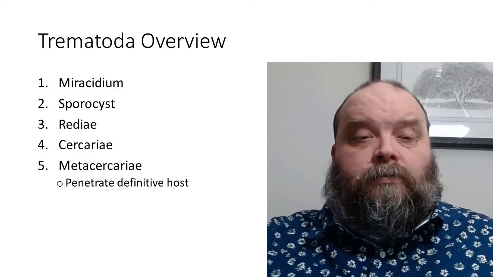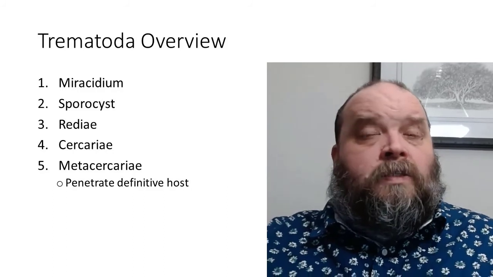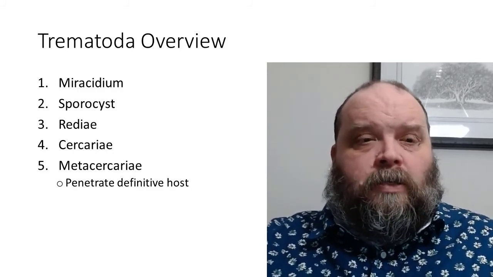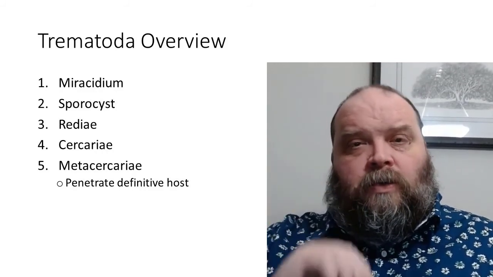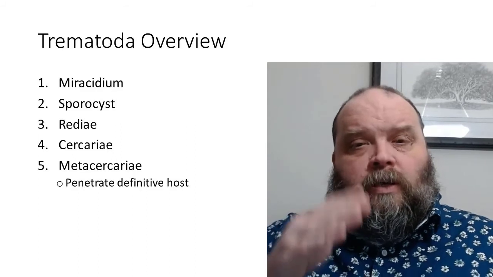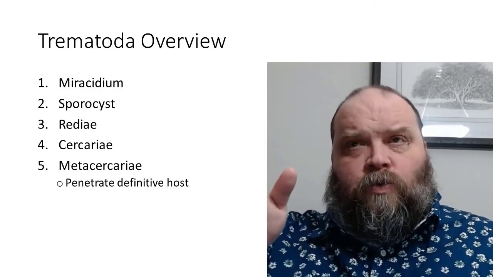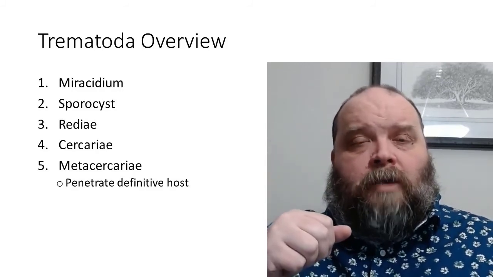Now, the metacercaria that you see here, also mentioned, some of these organisms, the different genus species, some of them are not going to go cercaria directly to definitive host. There's going to be this in between. Cercaria is going to swim and attach to maybe some aquatic plant material.